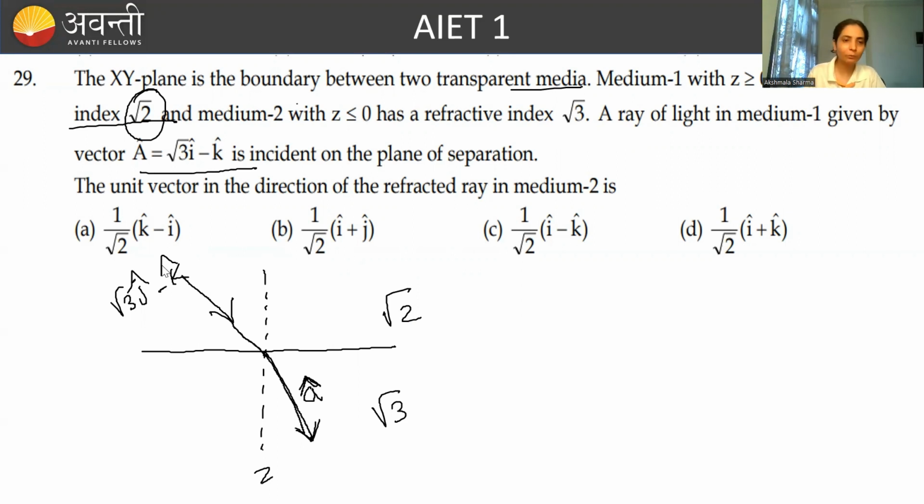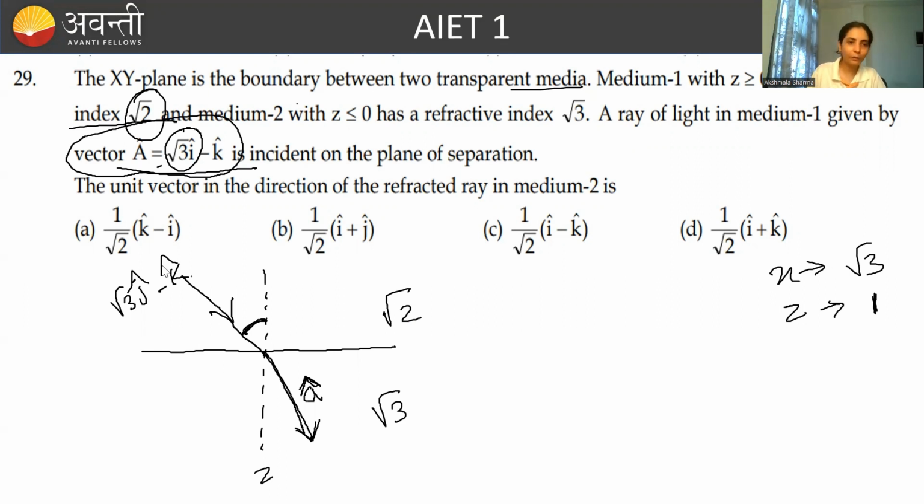So let's see what the angle of incidence is here. You can clearly calculate it from here. The x component of the vector is √3, and the z component of the vector, in modulus, is 1.